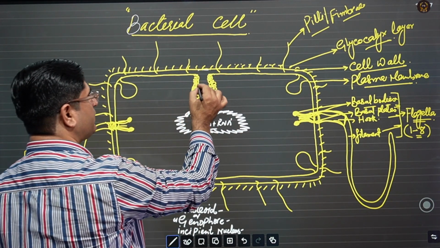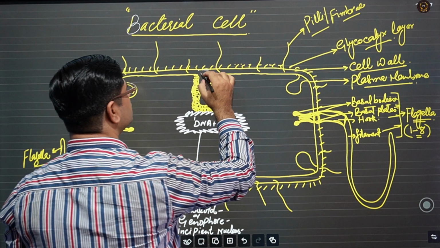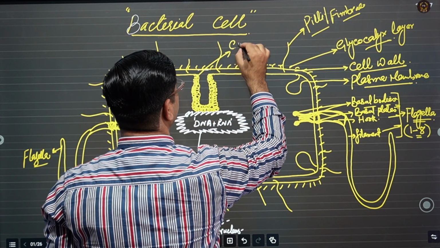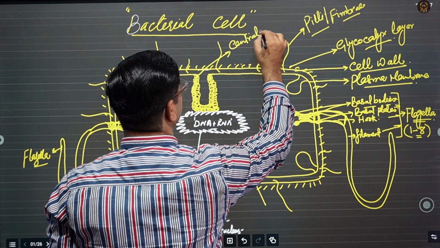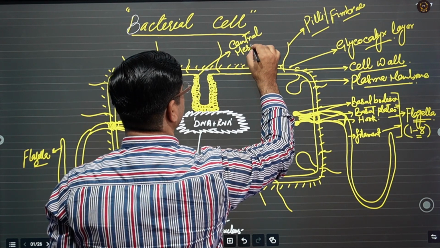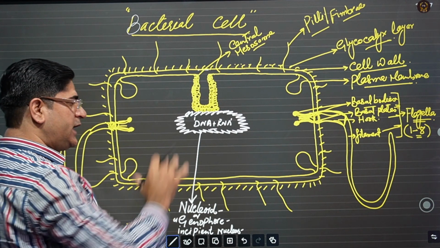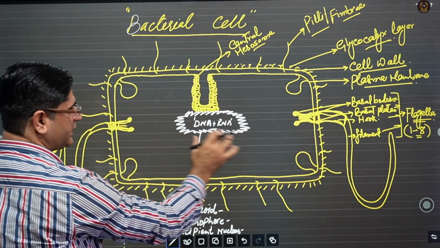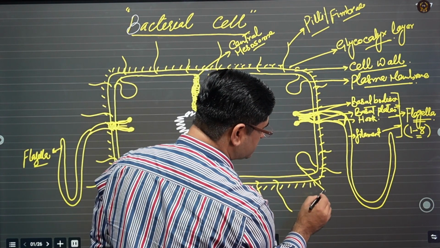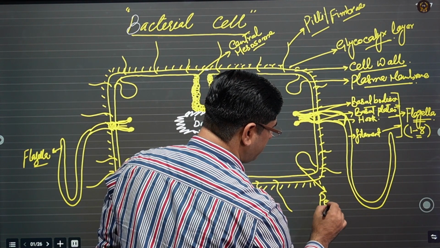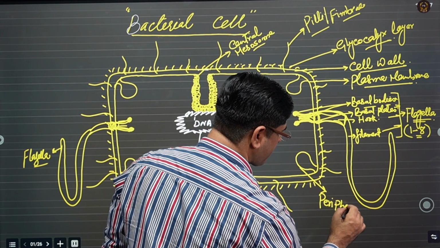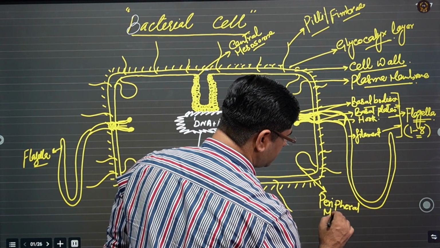If it is formed in the central position, it is known as central mesosome. If the same mesosome is formed at a peripheral location like this, then it is called peripheral mesosome.